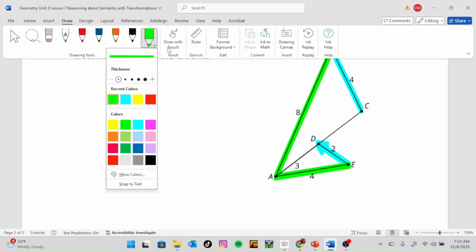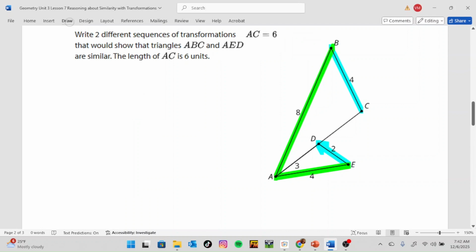And finally, AD correlates with AC. So my correlating side lengths are 2 and 4, 4 and 8, and 3 and 6. They tell us right here.